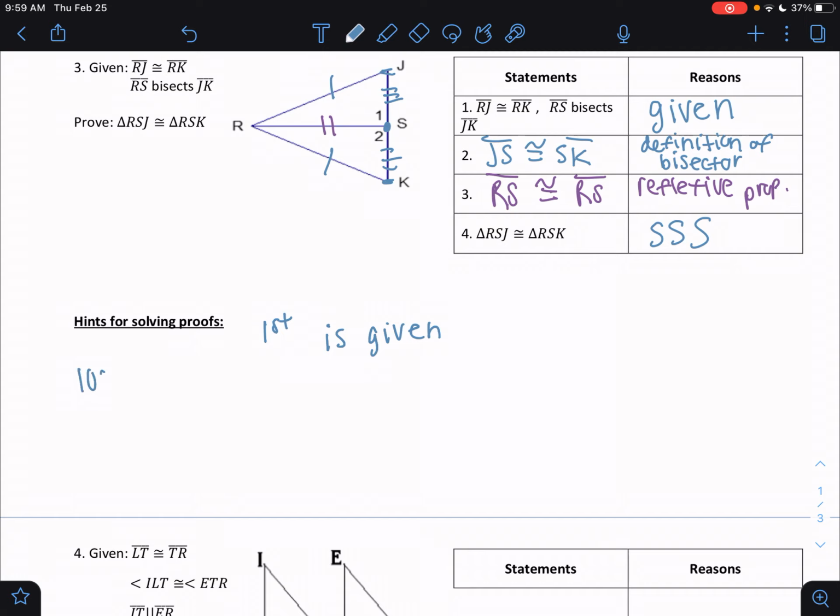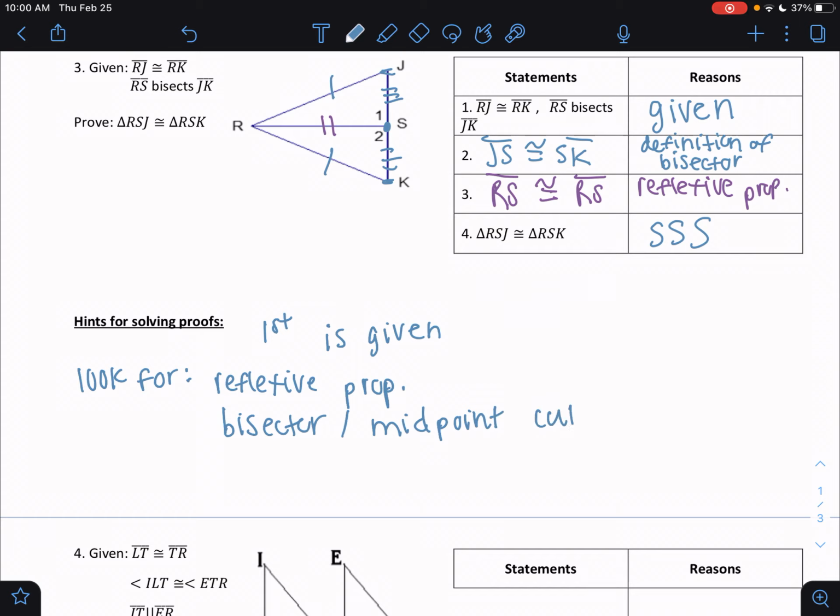And some things that you want to look for when you're trying to prove them congruent is the reflexive property. So is there anything that you can mark as congruent to itself? Remember that bisector and midpoint cuts in half.